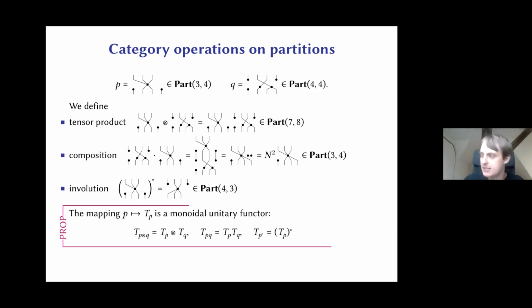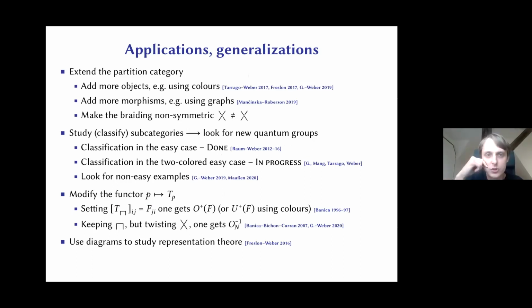So that's it. And finally, I just want to give some summary and give some references to this theory. So probably this is not complete, but that's some stuff that I'm interested in. So what you can do with this?